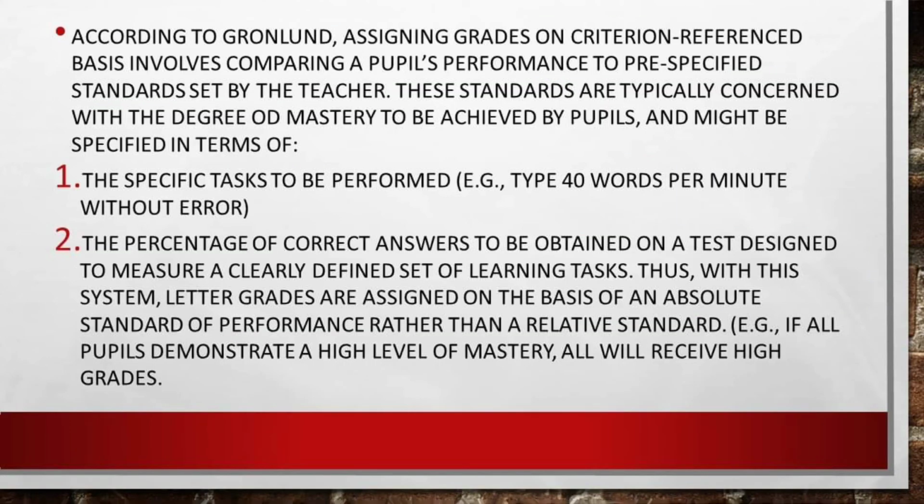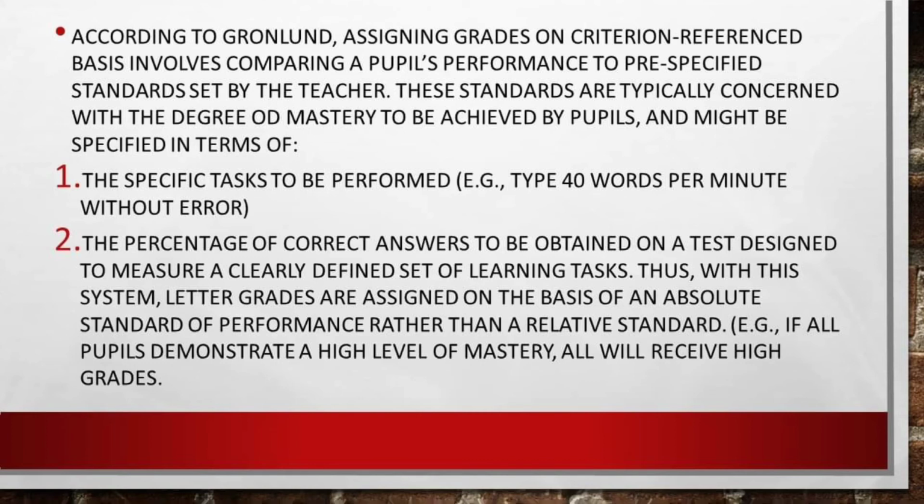According to Gronlund, assigning grades on a criterion-referenced basis involves comparing a pupil's performance to specified standards set by the teacher. These standards are typically concerned with the degree of mastery to be achieved by pupils and might be specified in terms of: Number 1, the specific task to be performed. Example, type 40 words per minute without error.